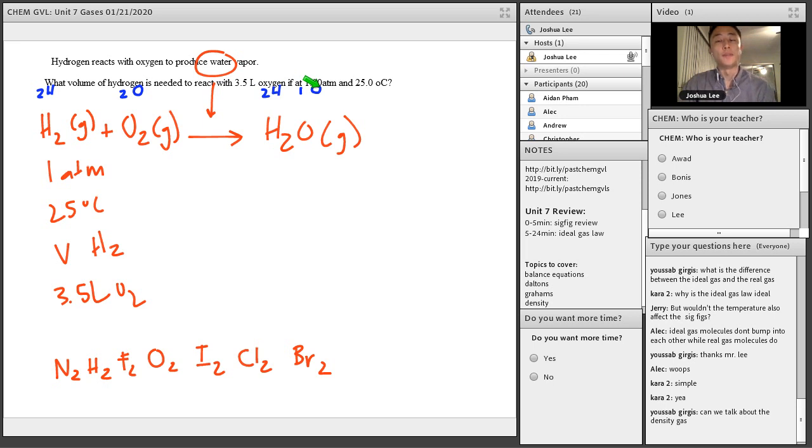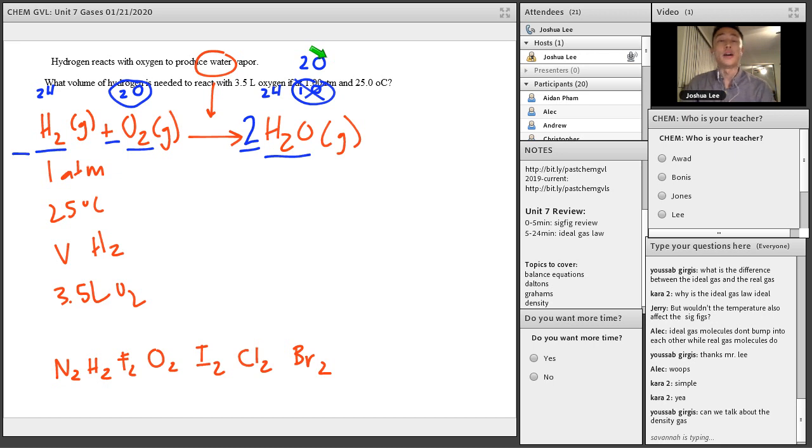When it comes time to balance equations, once you write the chemicals, you can't change the chemicals. Meaning, if I wanted to balance this, I can't add a 2 here, because that's going to change what the compound actually is. The only thing you can change are the coefficients, the number that goes in front. Since right now I have 2 oxygens here but only 1 oxygen here, I need 2. So now this becomes 2 oxygens.